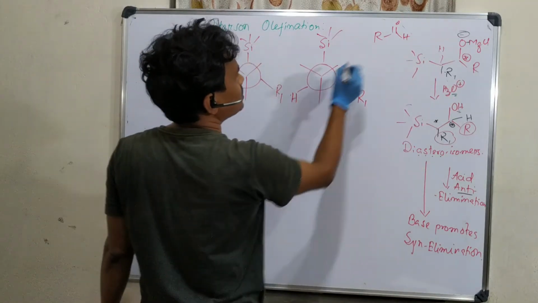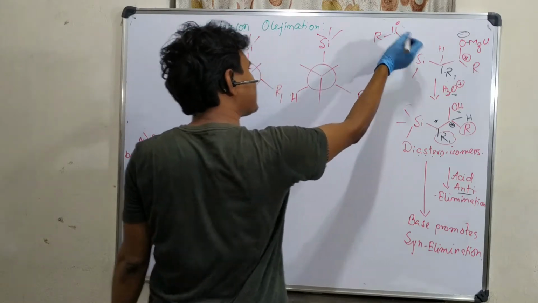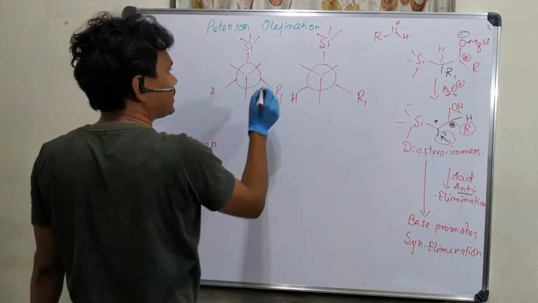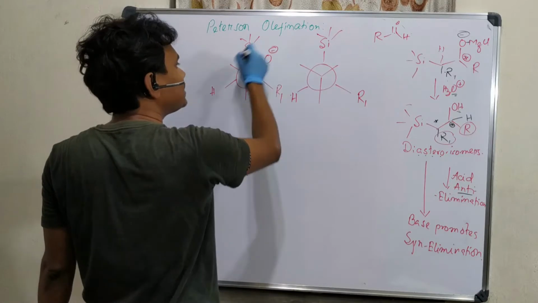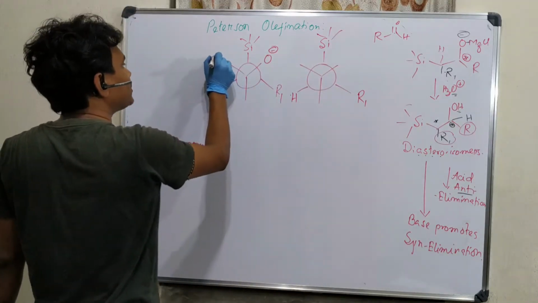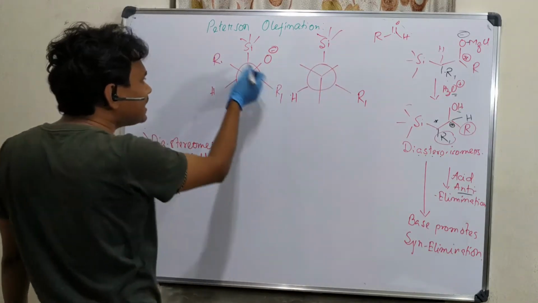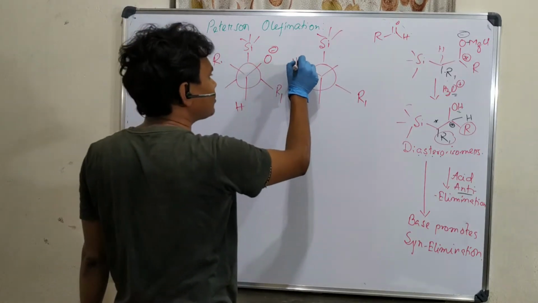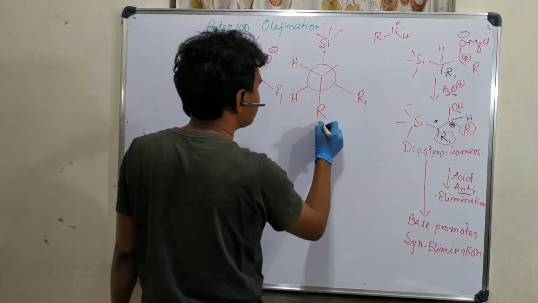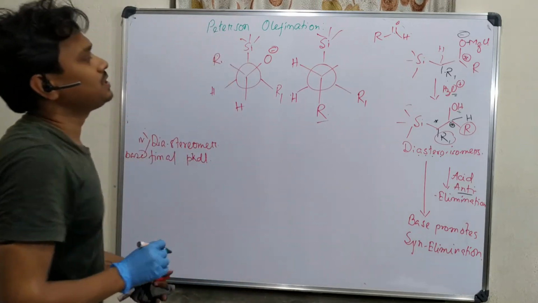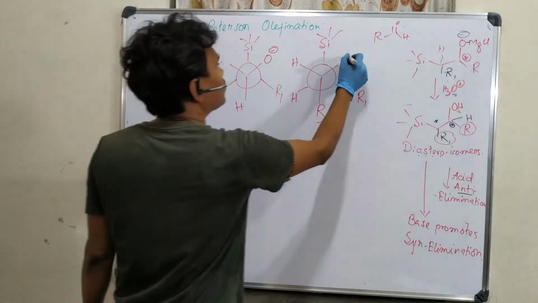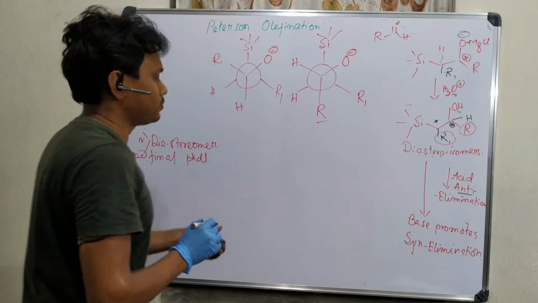This is H, one on one side, another on the other side. So this is O minus. If R is here, definitely that part will be on the other side, meaning hydrogen is here, R is here. So this is the difference of 2.